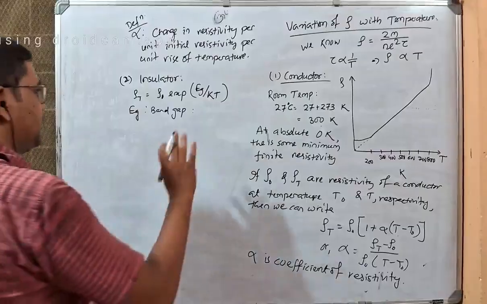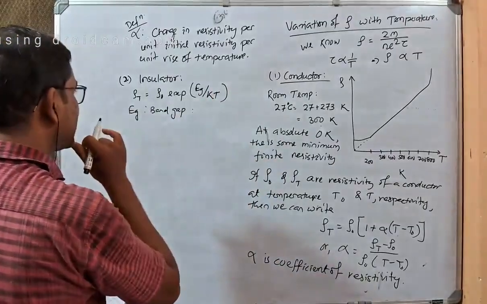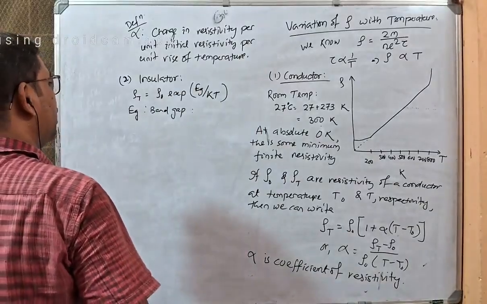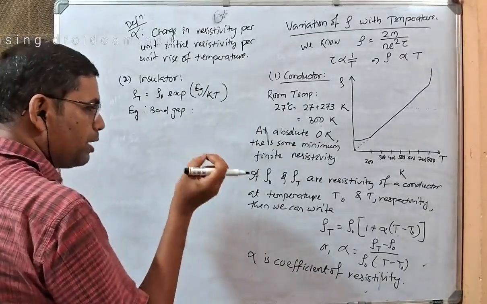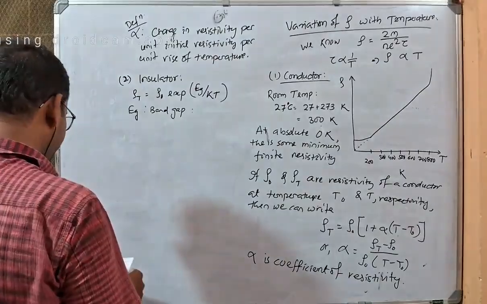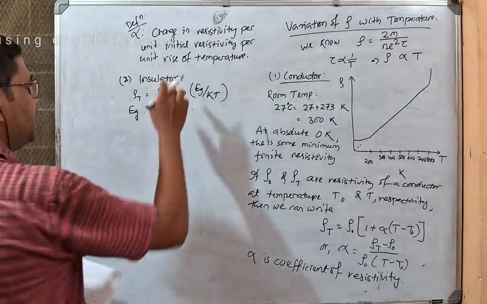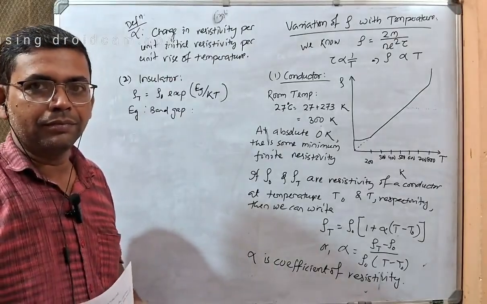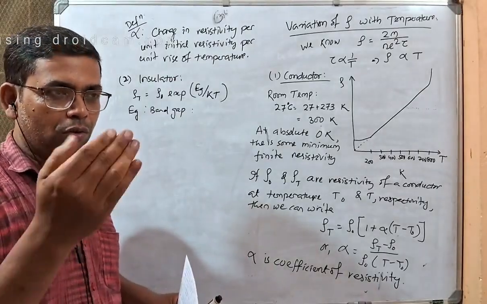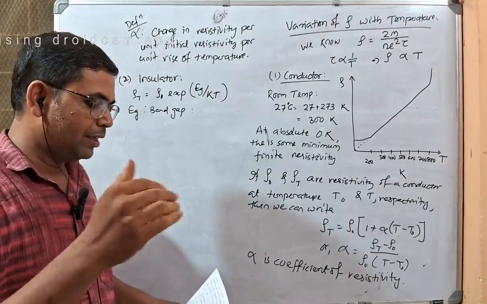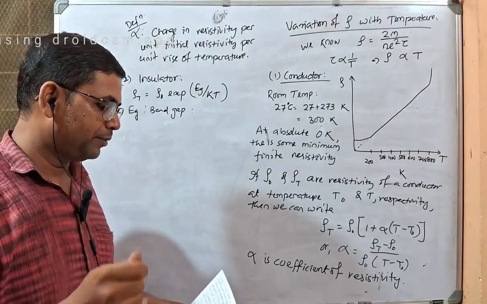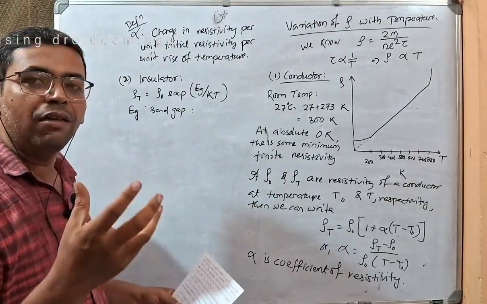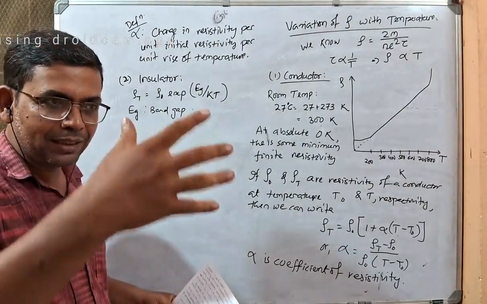Just simply I can tell two or three things. If you can understand it, then it's okay, otherwise just remember a few concepts. Band gap: in an insulator there are no free electrons, only electrons in bound state, in the valence band.